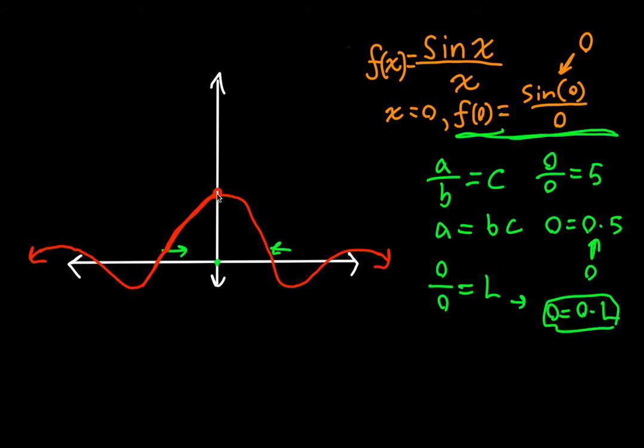It's missing. But we can't just say the limit there is not there. So we're going to say the limit as x goes to 0 of this function f of x is not equal to f of 0, because f of 0 can be a bunch of different things, but this is only one thing.